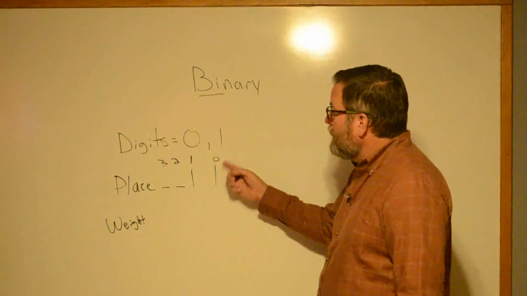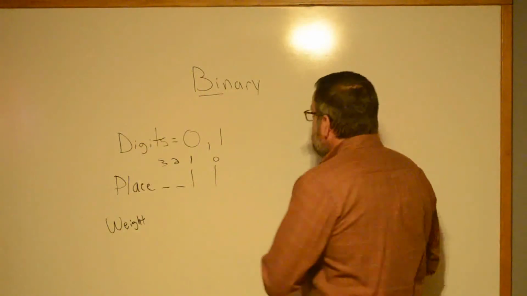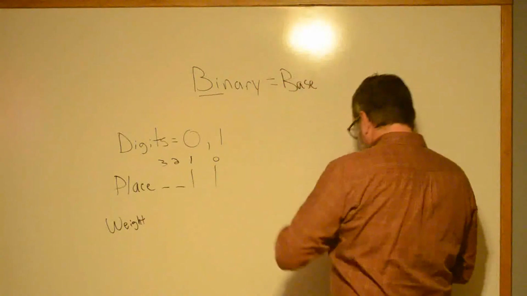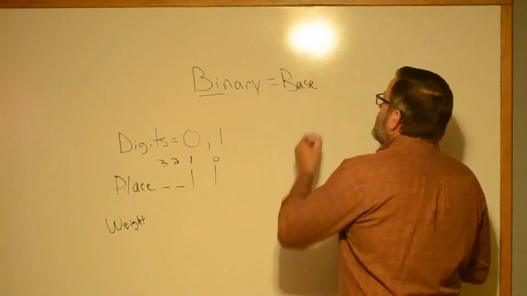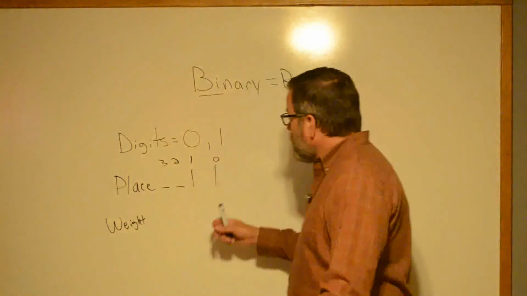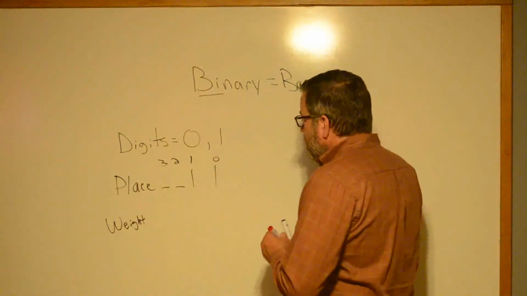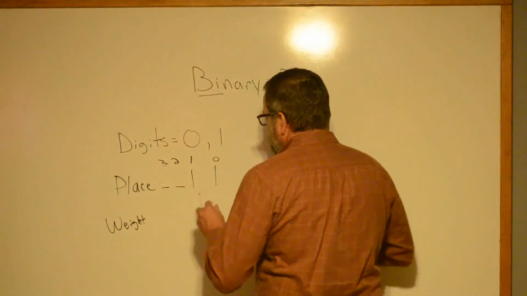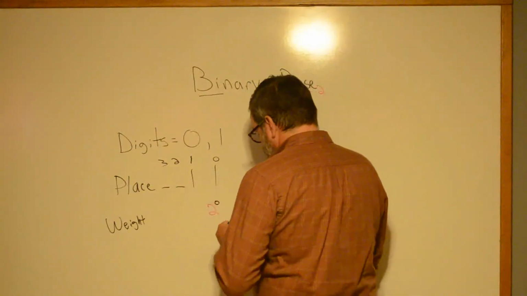We're going to take our base, and since binary is based on 2 shapes, it's going to be base 2. Okay? We only have 2 shapes in there. So here I am going to take 2 and I'm going to raise it to the 0th power.